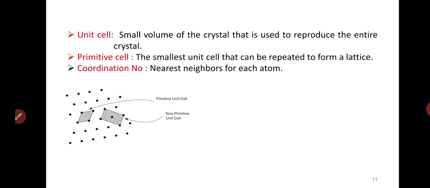Means the atoms or lattice points are only at the corners of this unit cell. If any atom in this unit cell is in between, then that is not the primitive cell. Means the primitive cell is the smallest unit cell in this structure, and when it repeats, it forms a lattice structure.